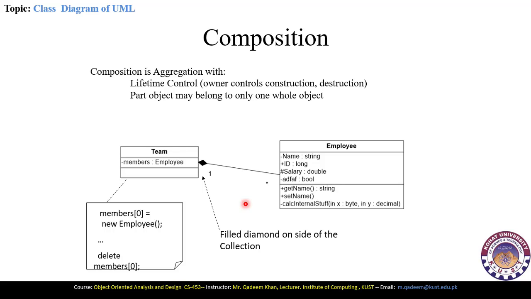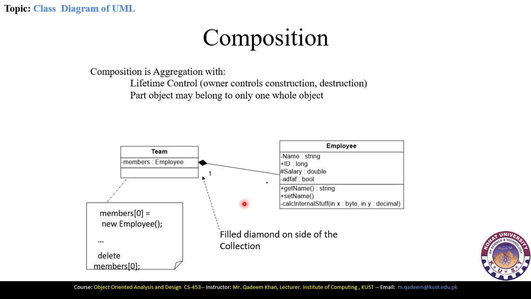Another important relationship in the class diagram is called the composition, which is a form of aggregation, but here the lifetime control is very important: the owner controls construction and destruction. That means classes can be constructed and also destructed or deleted. And here the part object may belong to only one whole object.